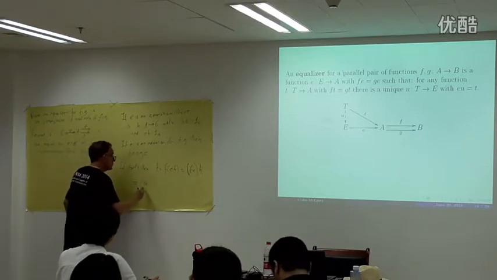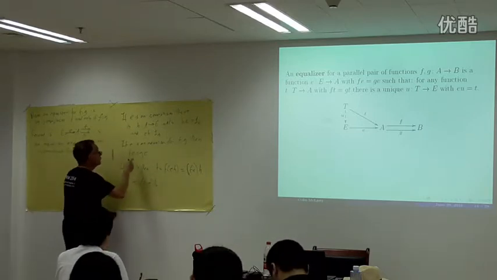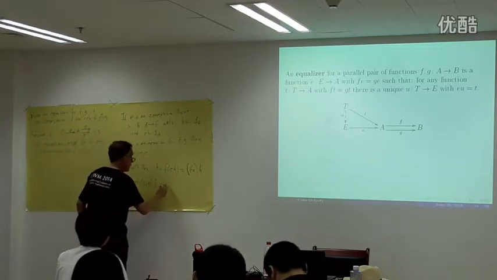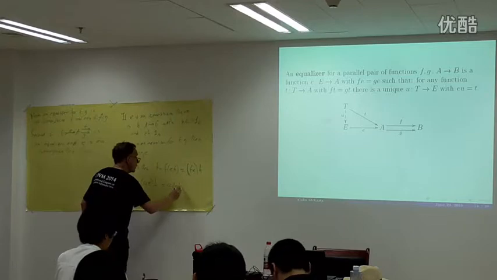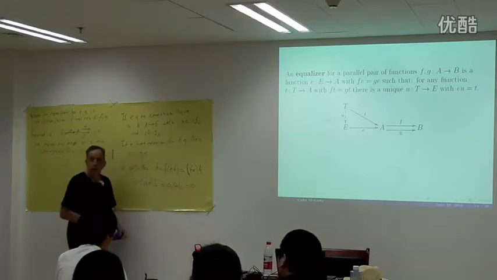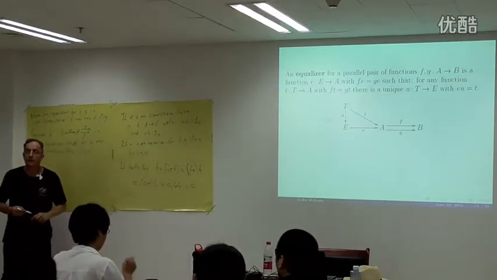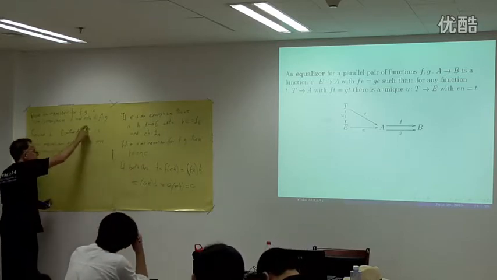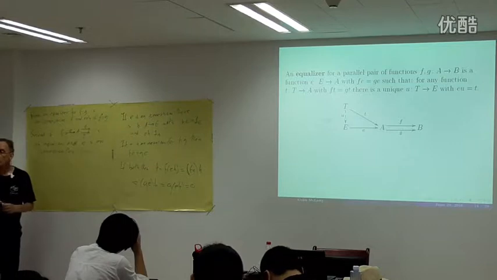That's equal to G following E, H, by this assumption, which is G, E, H, which is just G. So the equalizer is an isomorphism if and only if those arrows were equal.